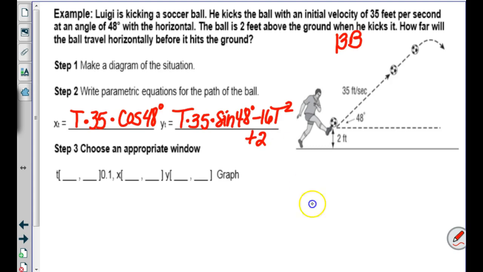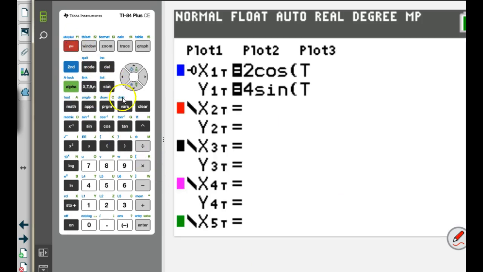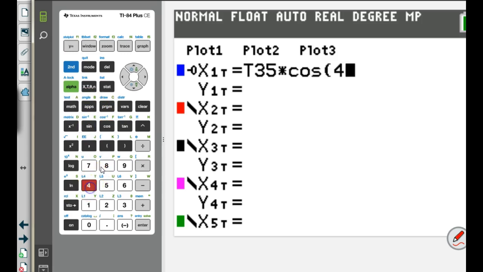All right, you ready to try this? Now we're going to need to do some thinking about our window before we try to graph it, so don't get ahead of us here, but type these in. T, cosine, we put the 35, it doesn't matter what order we do it in, then times cosine 48 degrees.